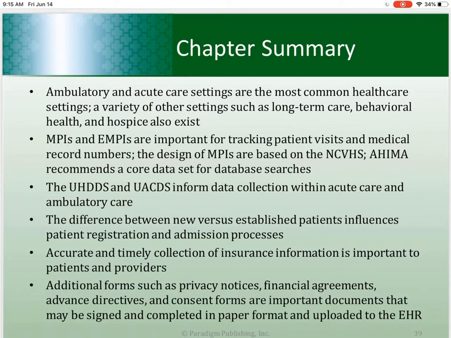And then AHIMA recommends a core data set for your database searches. The UHDDS and the UACDS inform data collection within acute care and ambulatory care. So uniform hospital and uniform ambulatory. That's how you remember: hospital is for your inpatients, ambulatory is for your outpatients.